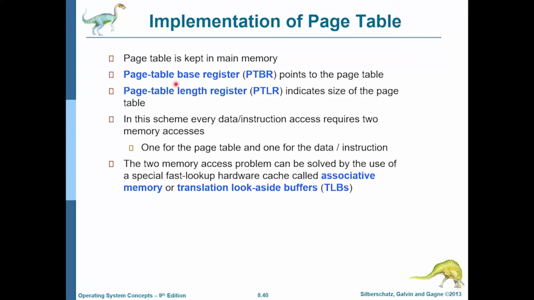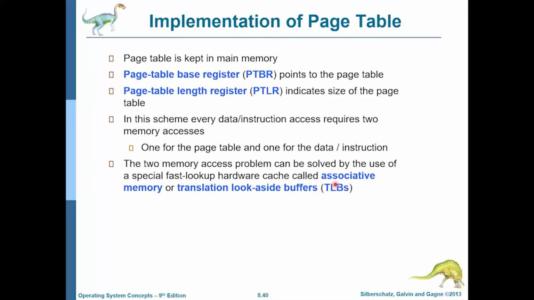Now, how do we avoid 2 accesses? Well, just like in CPUs, we used caches, right? We used to first go to the cache to see if something is present. If it is not present, only then we would go to main memory. Just like that, we could use something called associative memory or translation look-aside buffers. They are called TLBs, and this is a very important concept in operating systems.